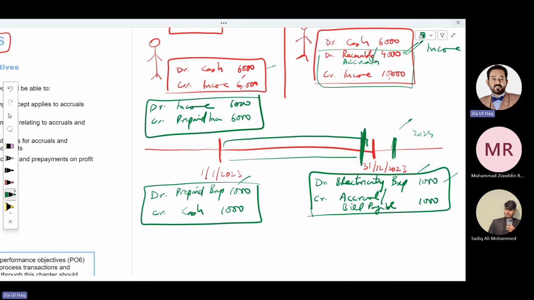This means we can receive this money, or the benefits of this money, in future. So that's why we have debited the prepaid. And cash gone, obviously credit, or we can say expense credit. But in case of prepaid income, we will credit prepaid and debit income.